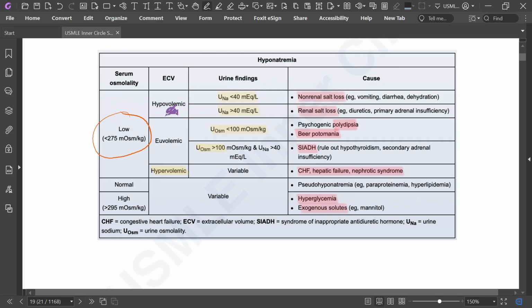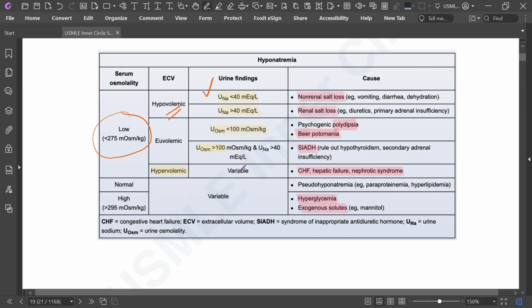If it is hypovolemia, if urine sodium is less than 40, non-renal salt loss like vomiting, diarrhea, dehydration. If urine sodium is more than 40, it is renal salt loss, diuretics, and primary adrenal insufficiency.